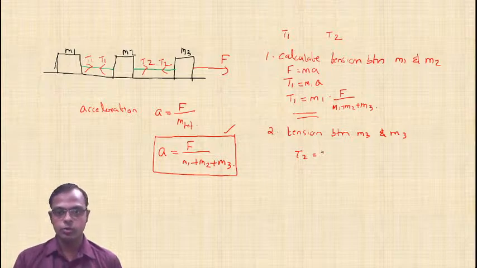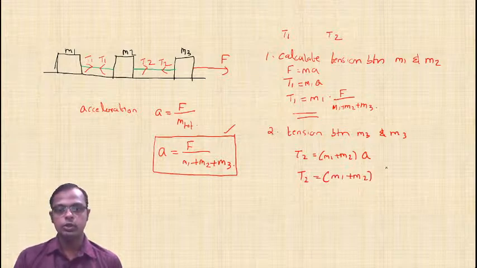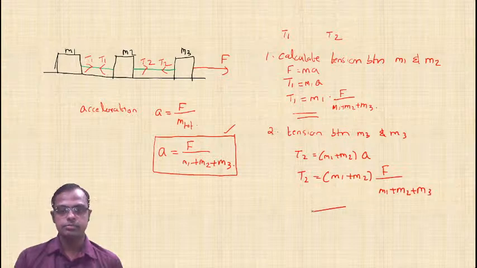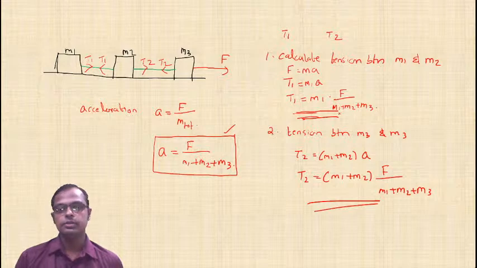So we can write that tension T2 is equal to M1 plus M2, which accelerate with a common acceleration A. So the basic formula for T2 is T2 equals M1 plus M2 into the common acceleration, F divided by M1 plus M2 plus M3. So this is the way to calculate the tension between masses connected with an inextensible string.